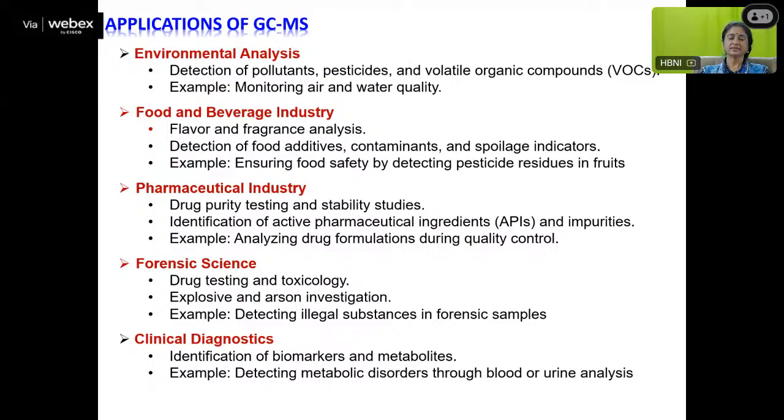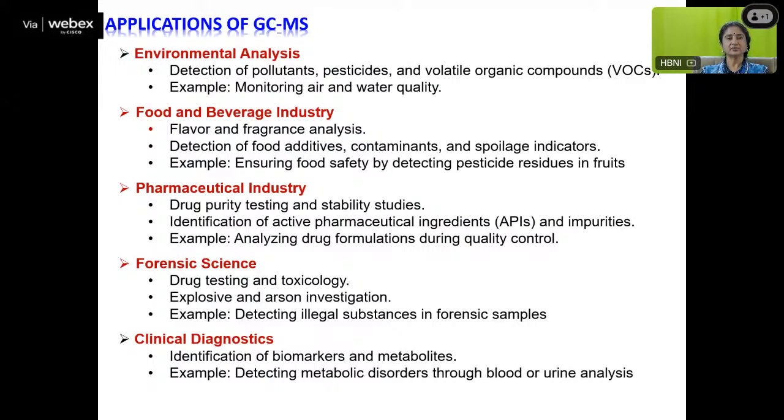Then forensic science: drug testing, toxicology, explosive and arson investigation. For example, detecting illegal substances in forensic samples. You may know that sometimes athletes use illegal substances to increase their efficiency. All these things can be done here.